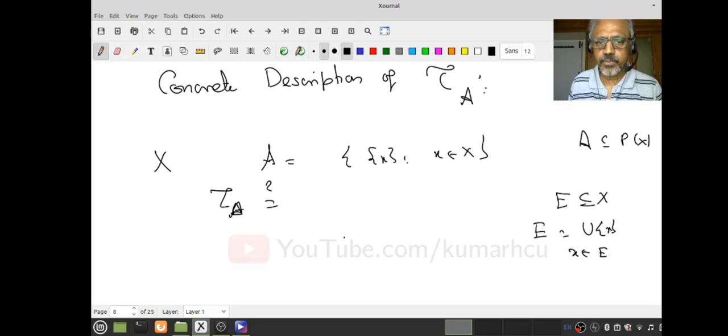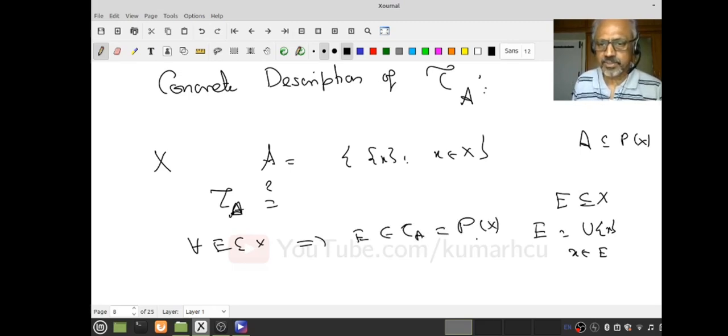Right? Therefore, what do I know? Every subset E of X is already in tau of A. That means tau of A is nothing other than the power set of X, that is the discrete topology. Okay, so this is example 1.